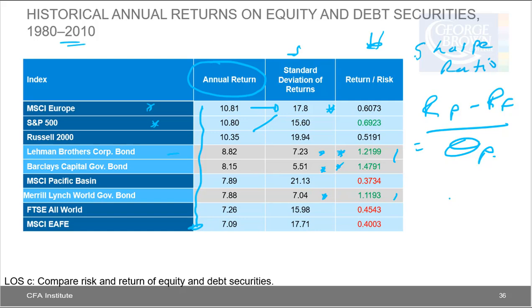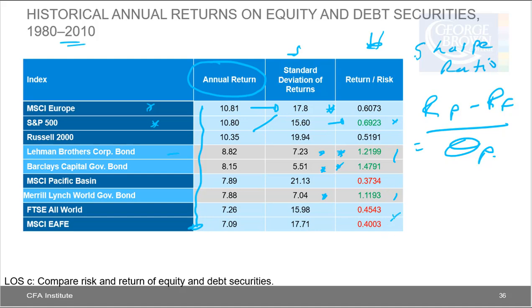And that's one of the reasons why bonds are attractive to add to a portfolio, is the lower standard deviation of returns, and also the negative correlation to stocks in general, okay, which we've looked at in a previous slide. So you can see here, I highlighted in green, that the S&P 500, when we're looking back at the stocks, has a pretty good return to risk ratio, 0.6923, okay?